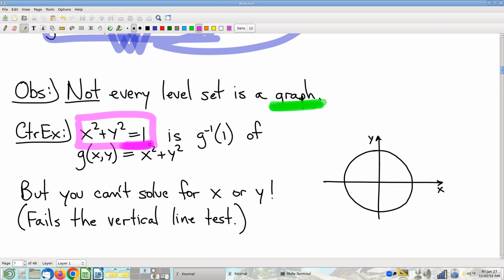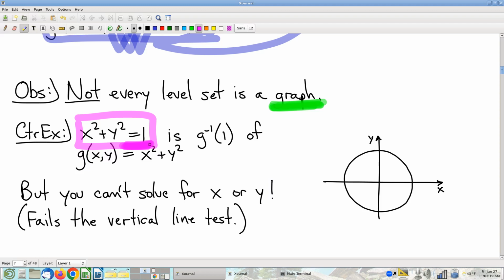In situations like this, when we say solve, we mean solve for a single uniquely existing value. And there are just either two values of y or 0 values of y, but except for very rare circumstances, there is not just a single value of y. So graph, not on the table.